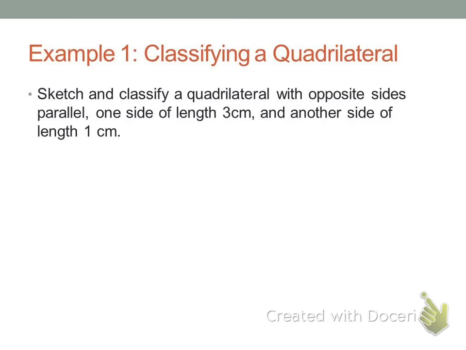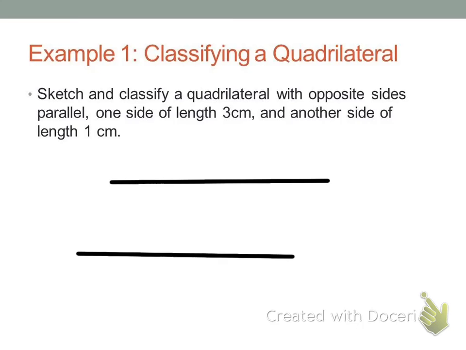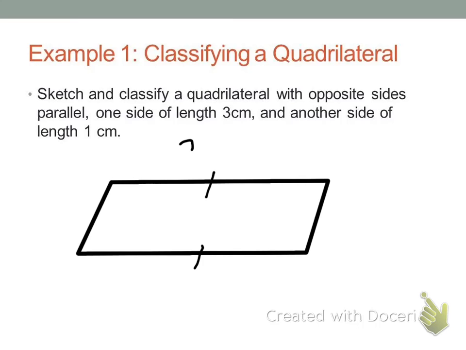One side has a length of 3 centimeters, and another side has a length of 1 centimeter. So I know I have sides that are different lengths. One is going to be longer. Does it say anything about right angles? No. So this figure that I'm drawing does not need to have right angles. Now I know that I have a couple equivalent sides, 3 centimeters, and my other sides, my width, are 1 centimeter.